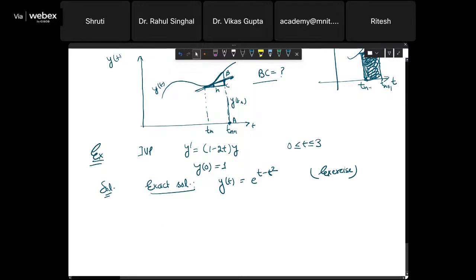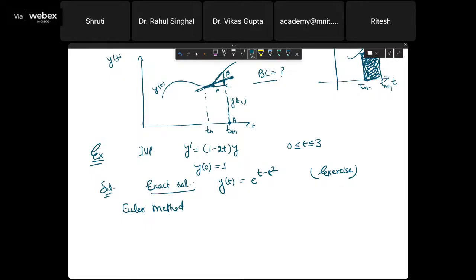Now if we apply the Euler method to get the approximate solution, what happens? The Euler method says that at the n plus 1th step, the solution y n plus 1 will be y n plus h times f evaluated at Tn, yn.